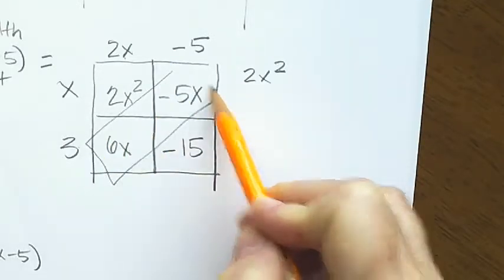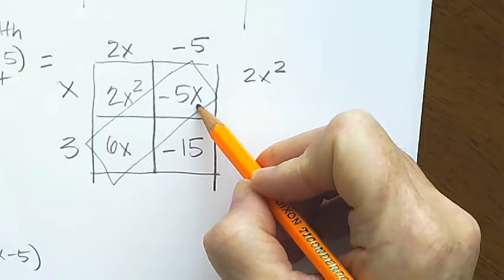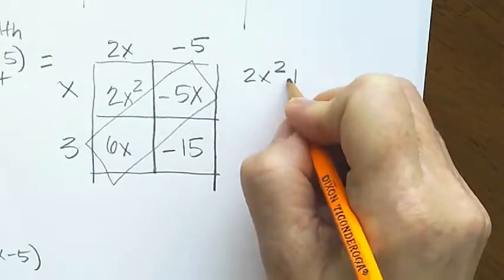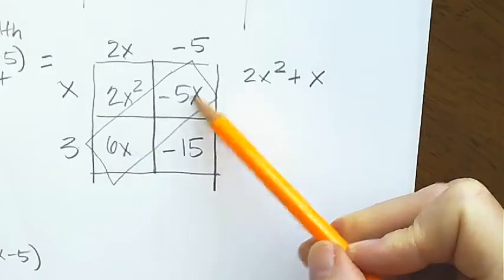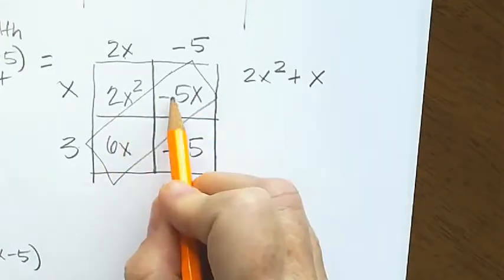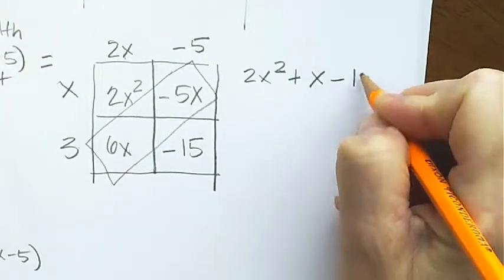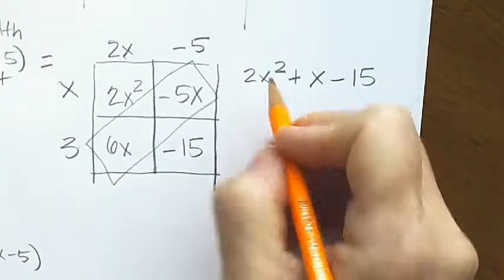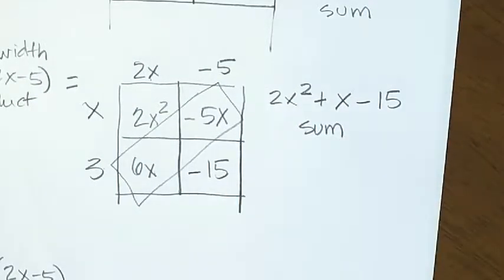I'm going to go ahead and combine these. Positive 6x and negative 5x would give me positive 1x. When you're combining like terms, you are adding the coefficients. So then my last term would be minus 15. This is the area written as a sum.